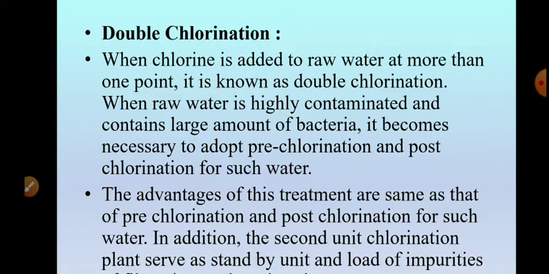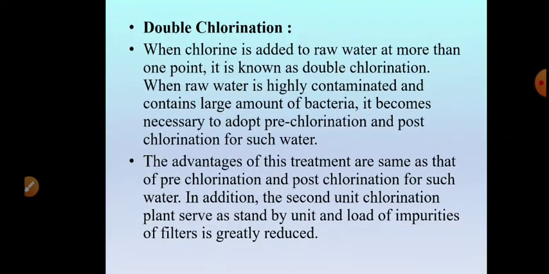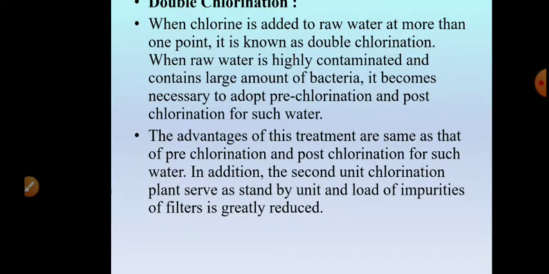Because the water was highly contaminated with bacteria and contained a large amount of, say, turbidity or color compounds or organic compounds, that is why we had to perform chlorination twice at two points. Especially pre-chlorination before filtration, and post-chlorination after filtration treatment. Such a method is called double chlorination. So the advantages of double chlorination are the same as those of pre-chlorination and post-chlorination for waters which are highly contaminated and contain a large amount of bacteria.